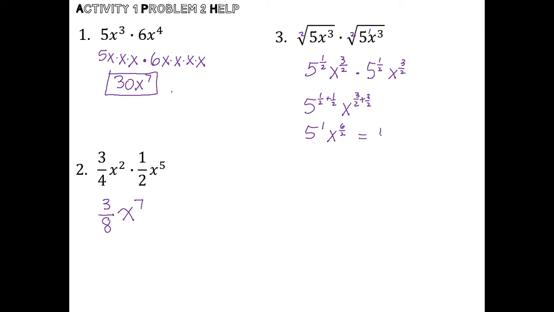I'm just going to go 5. I'm not going to write the 1 because we already know that that is an invisible 1 there, and then it's going to be x. If I go 6 over 2, well, I know that 6 divided by 2, remember, the fraction bar is the same thing as divide. 6 divided by 2 is just 3, so x to the 3.